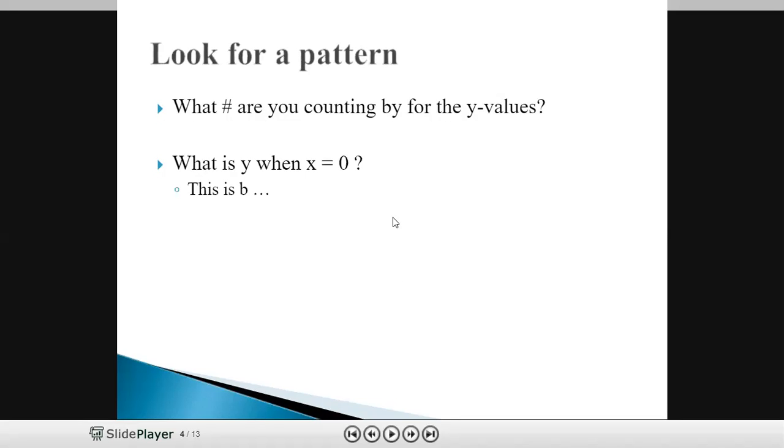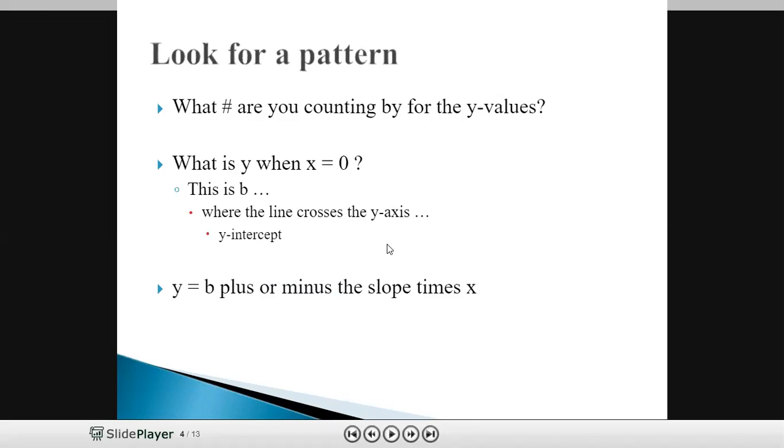We said that m represents what? Slope. And b represents the y-intercept. When x equals 0, then this represents b, where the line crosses the y-axis. So y equals b plus or minus the slope times x.